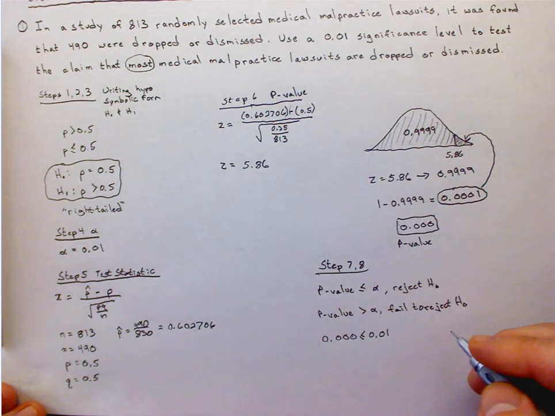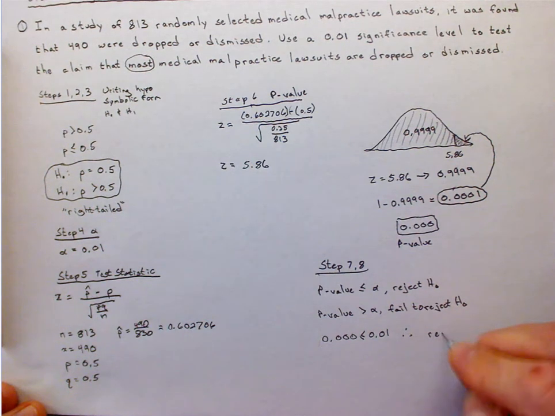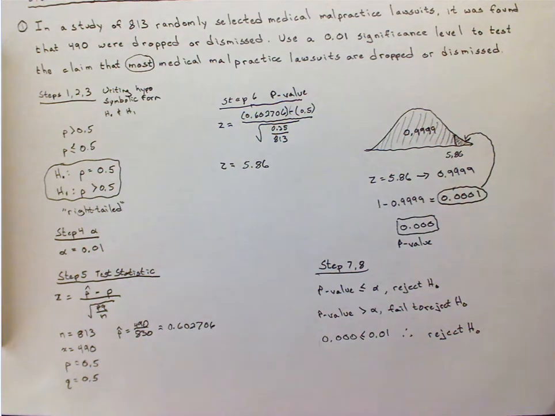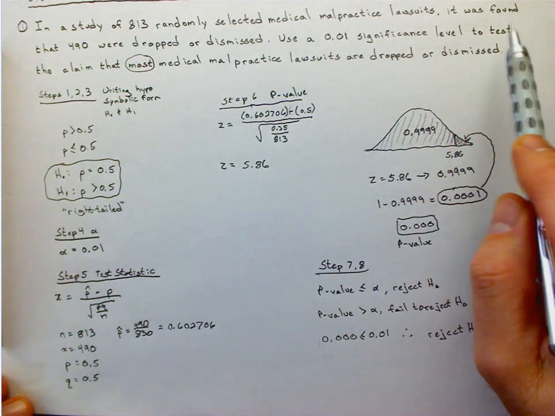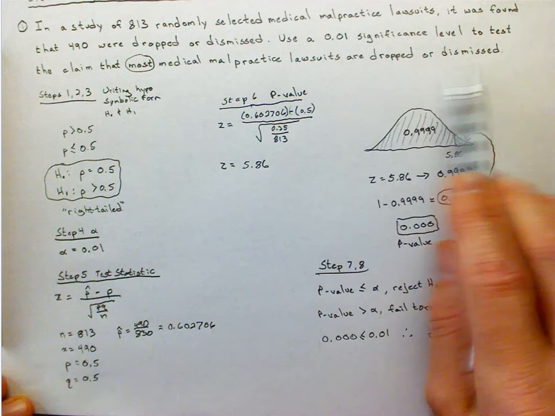So with this, I reject the null hypothesis. And what this is saying is that there is sufficient evidence to support the claim that most medical malpractice lawsuits are dropped or dismissed.